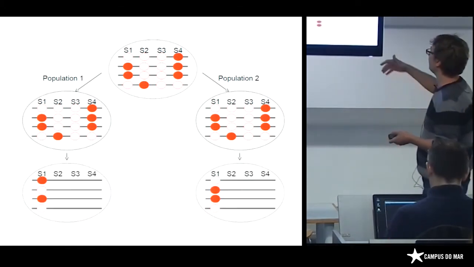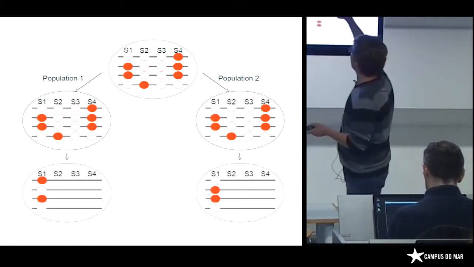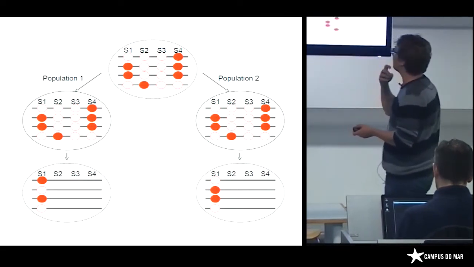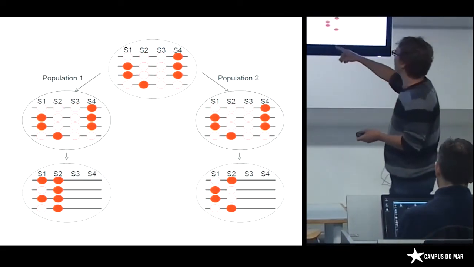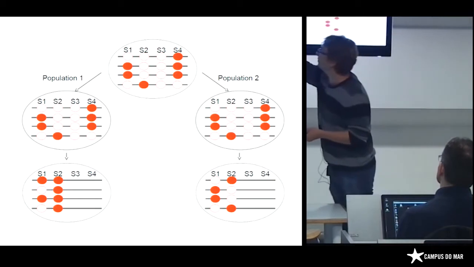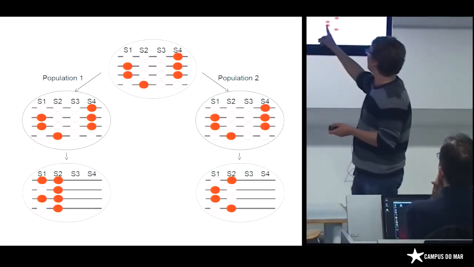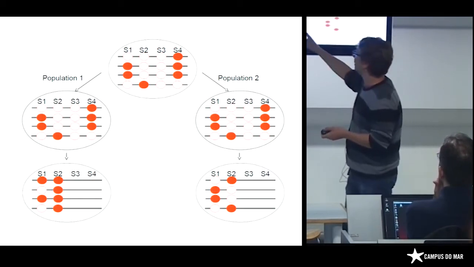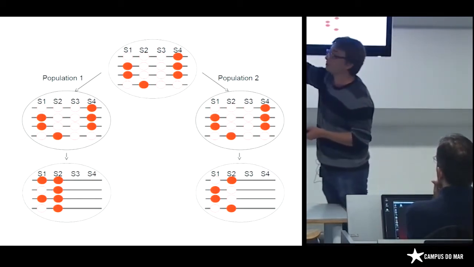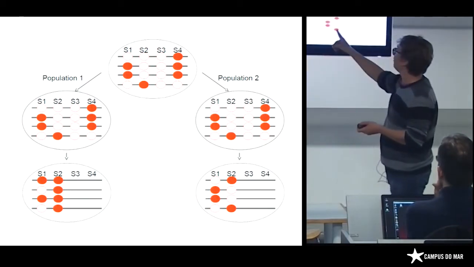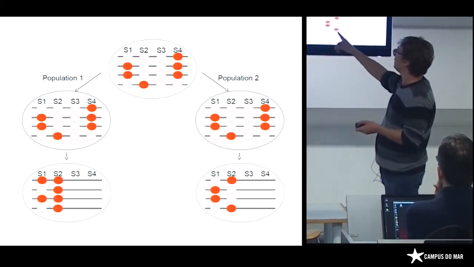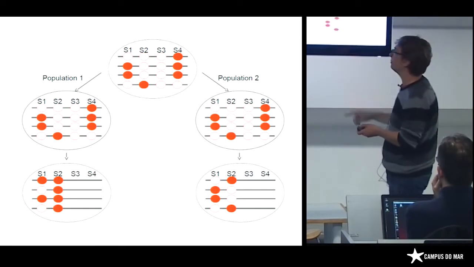And then, because of drift, you will have modification in allele frequency. The first SNP is shared, the polymorphism is shared between the 2 populations. Here you have a fixation of the derived allele in population 1, but this SNP is still polymorphic in population 2.